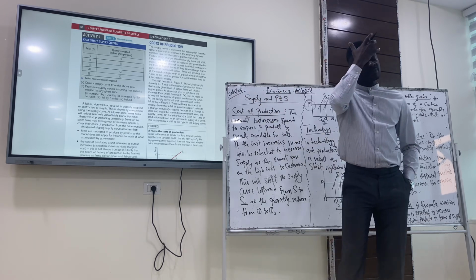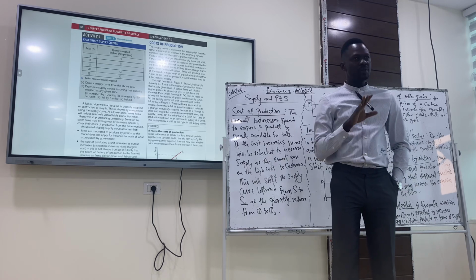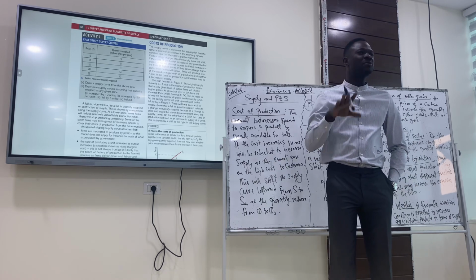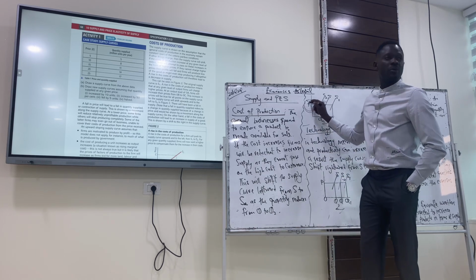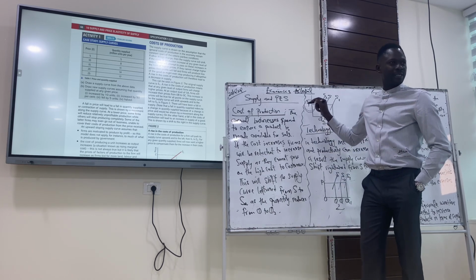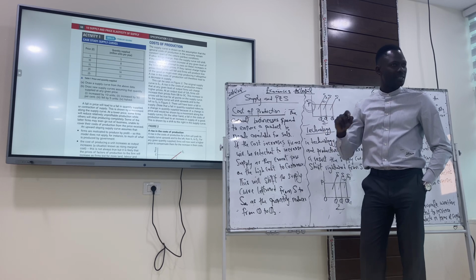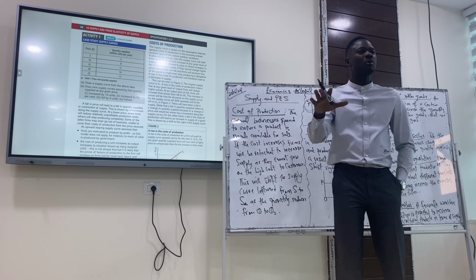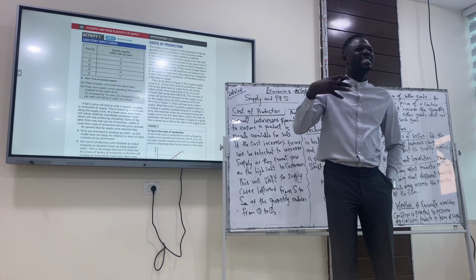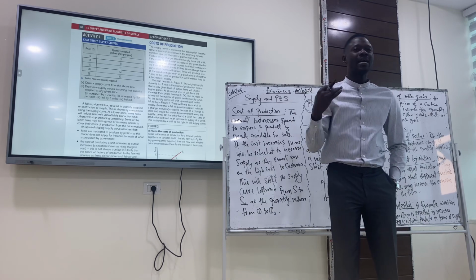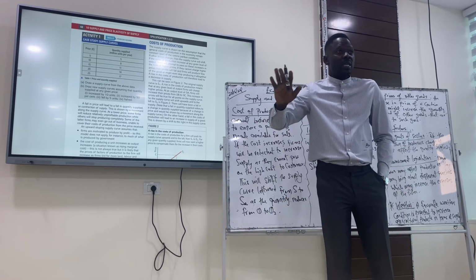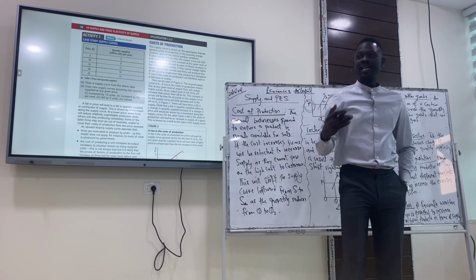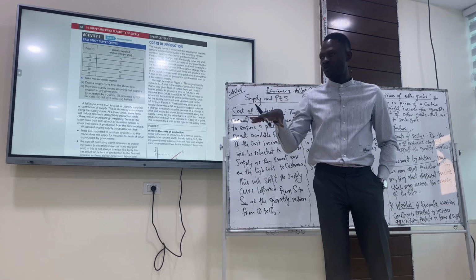A high cost of production means increasing expenses for businesses, but they cannot increase the price, so there's a disincentive for them to produce. If the cost of production increases and they can increase the price, then they will be able to produce more and sell at a price that is good for them.